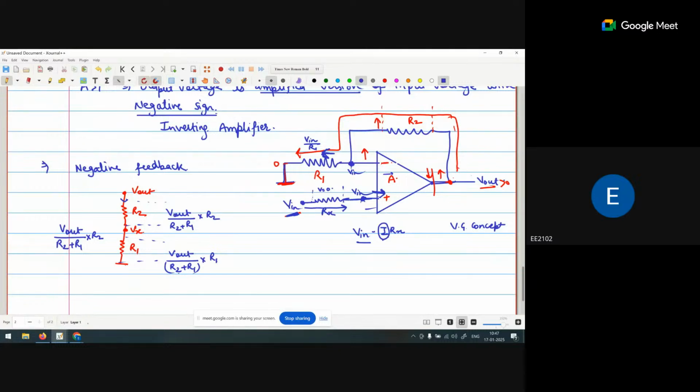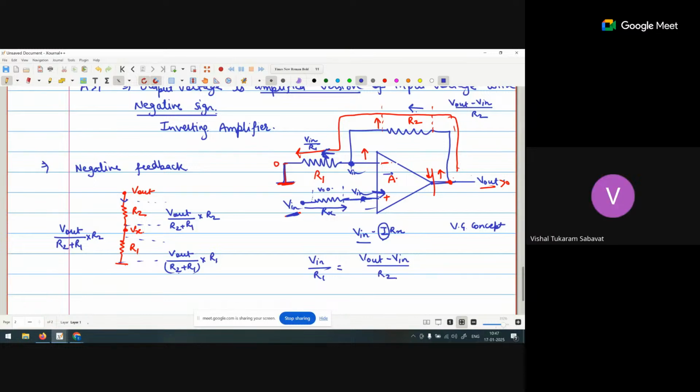The current in this branch is (V out minus Vn) by R2, and both currents will be the same. So Vn by R1 is equal to (V out minus Vn) by R2.